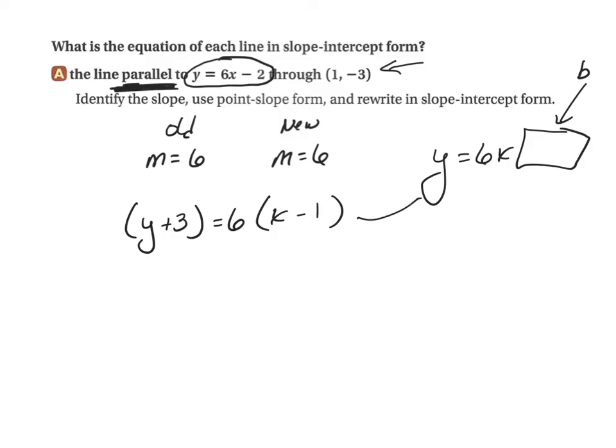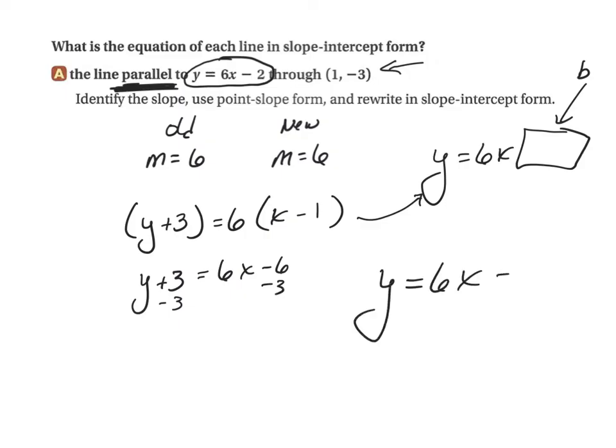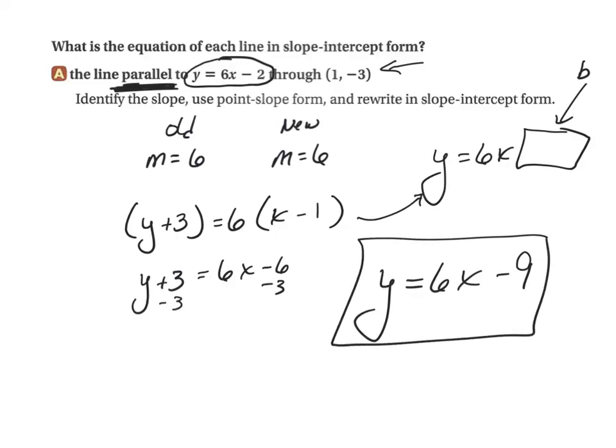And now to get from here to here, all I have to do is solve for y. So I got to get rid of the parentheses through distribution. So distribute a 1 and distribute a 6. And then get the y by itself by subtracting 3 from both sides. And I get y equals 6x minus 9. And there's the line that is parallel to 6x minus 2, but goes through the point 1, -3.